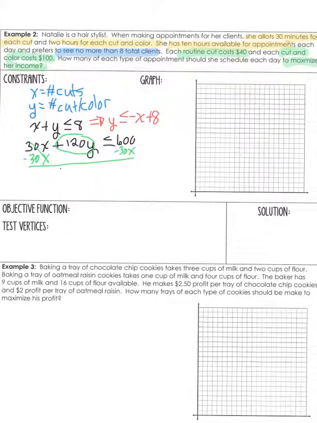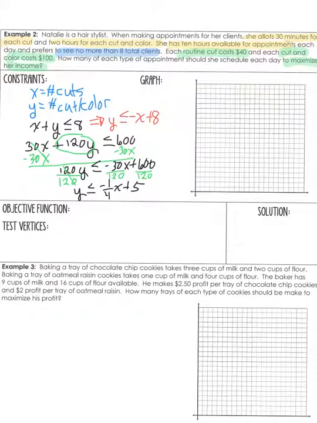I get 120Y less than or equal to negative 30X plus 600. Then to solve for Y, we have to divide everything by 120. Remember, you can throw that into your calculator and hit math, enter, enter if you get a fraction. And so you get Y is less than or equal to negative 1 over 4 X plus 5.